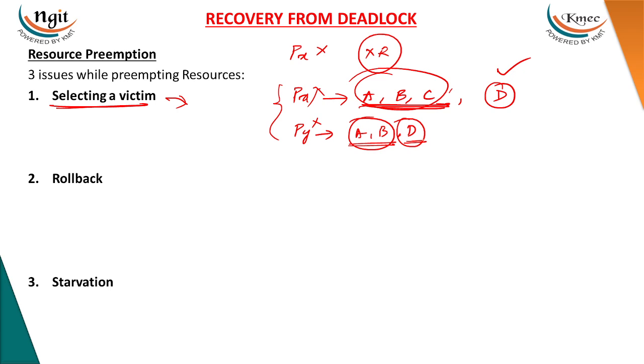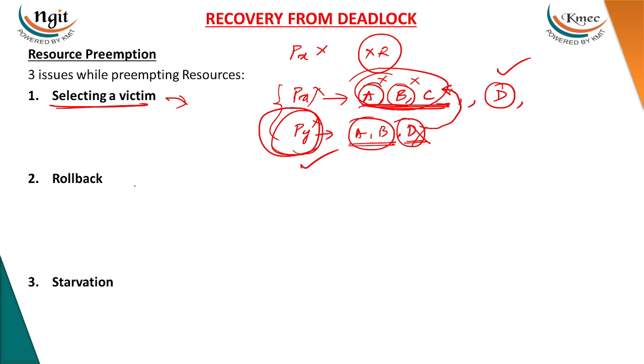If you preempt d from py, d will be given to px, and px will use a, b, c and d, and then release a and b, so that a, b as well as d will be given to py. So that is one way to select a victim process, whose resources will be taken by the operating system.